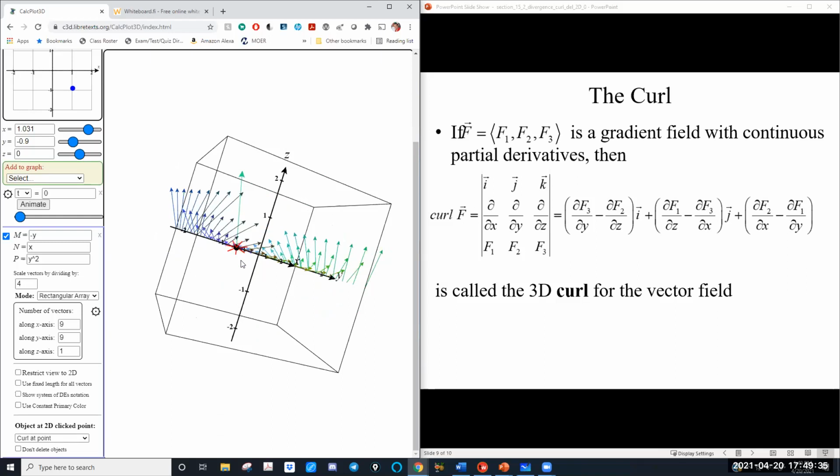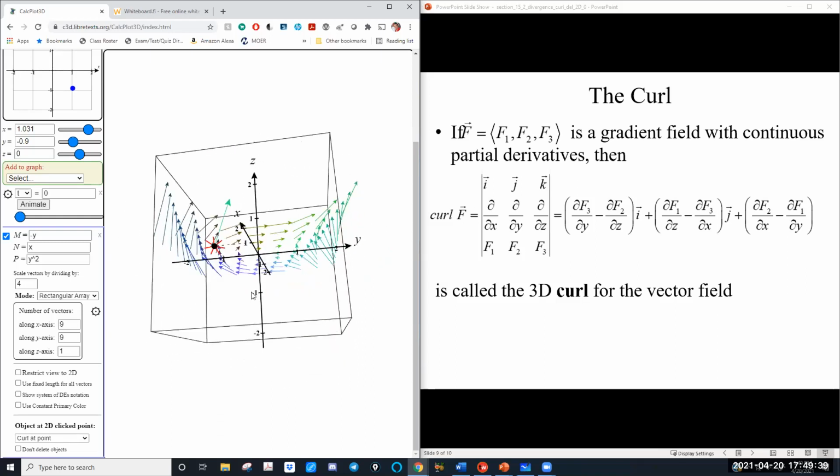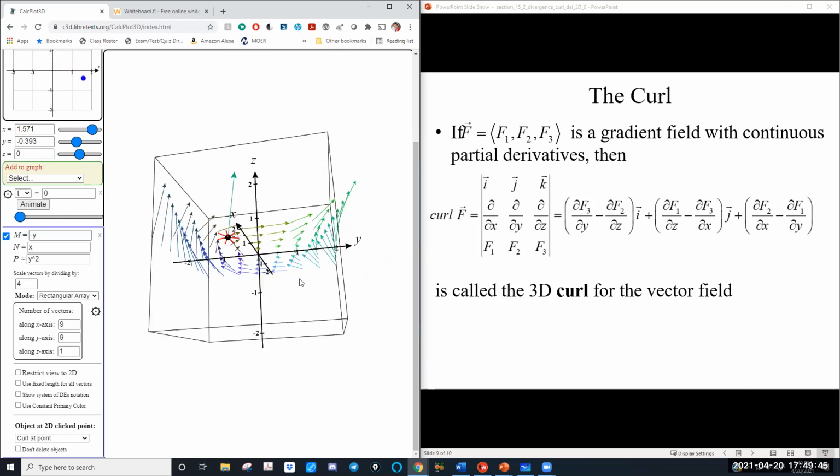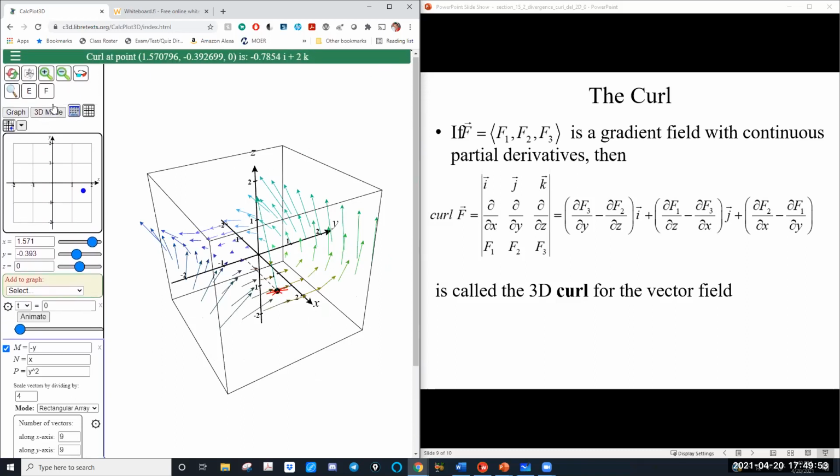So we can see that guy rotating there. Once again, we can move this around and it'll show us, at any of those points, what kind of rotation, what kind of curl we have going on. And guys, you can use this to check your calculations. That's going to be a pretty small curl there.